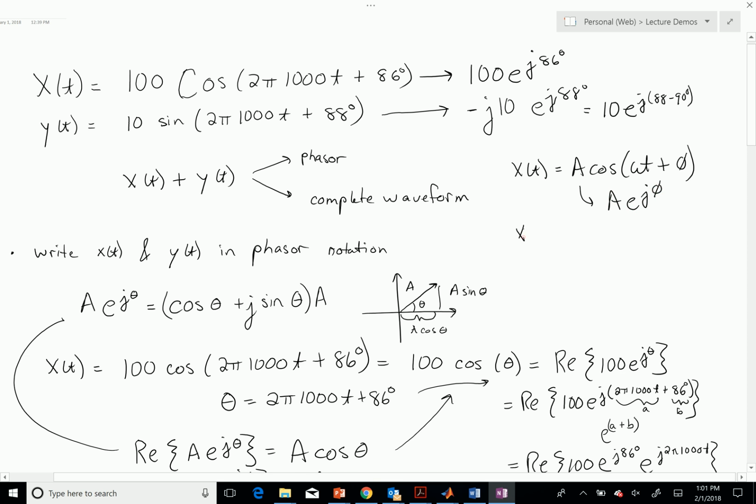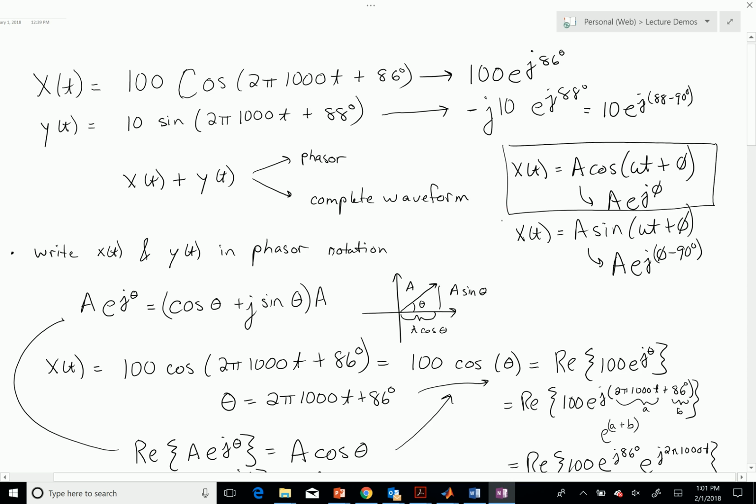If I have x of t equal to a sine omega t plus phi, then the corresponding phasor is a e to the j phi minus 90 degrees, like that. So those two relationships are really the two outcomes. If I see that, I can pretty quickly answer a question like the one posed here. Hopefully that helps to understand a little bit.